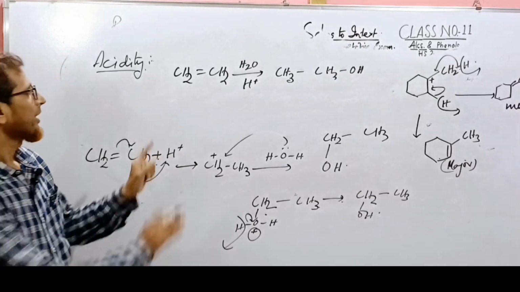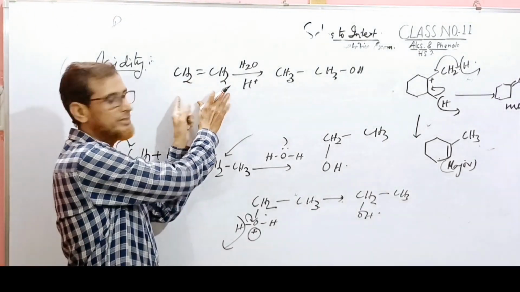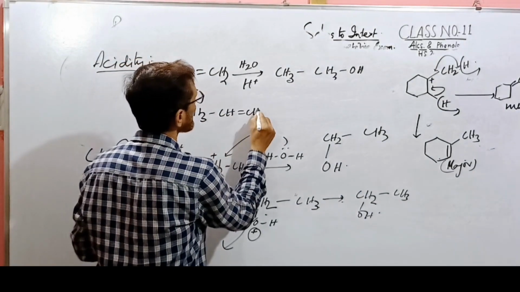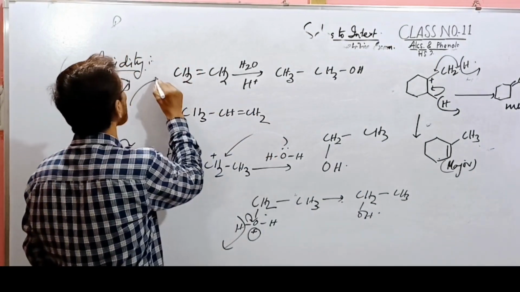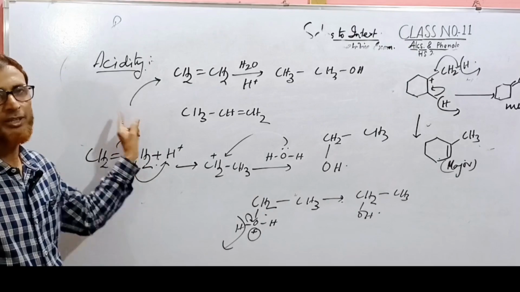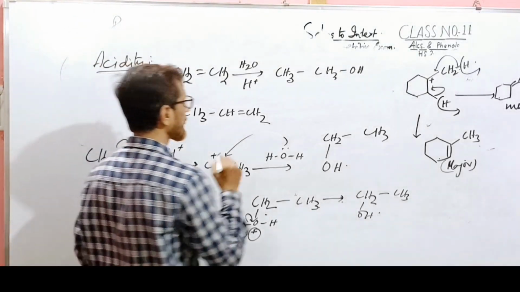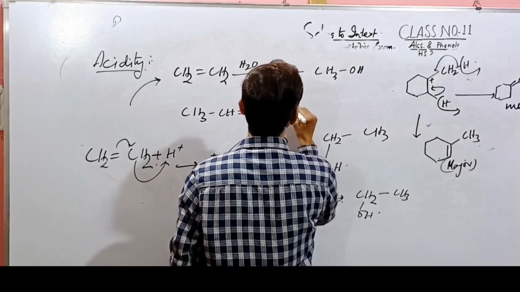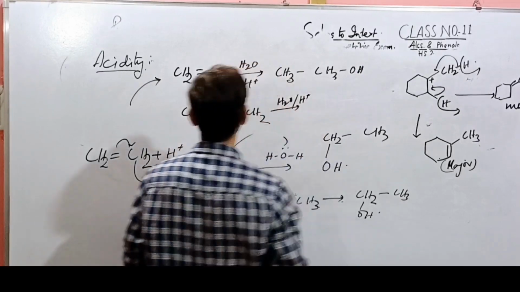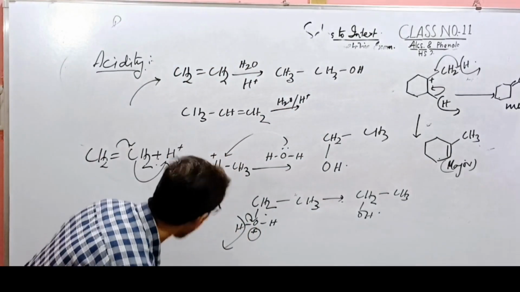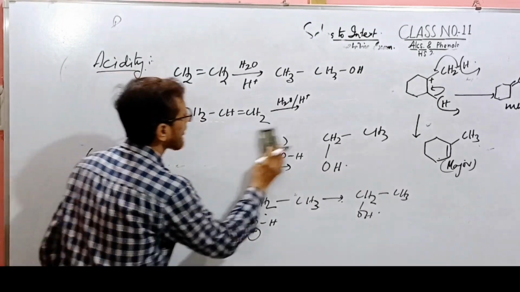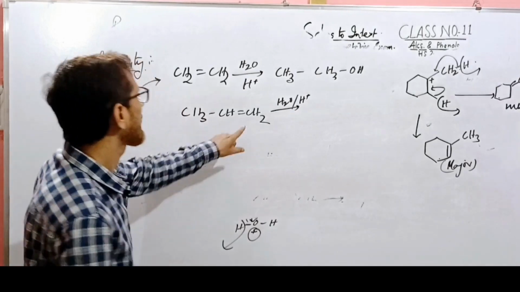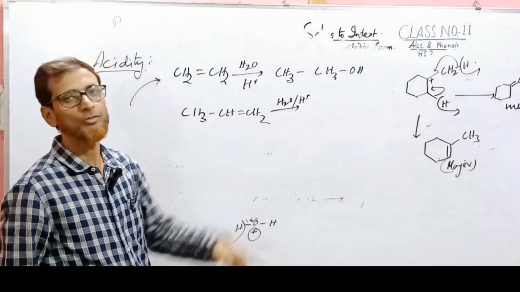Am I right? But if it is not symmetric, unsymmetric, say CH3 CH double bond CH2, I am emphasizing this one because a bit later you will understand why I am doing so. In this condition, in which carbon will hydrogen add and in which carbon will OH add? That will follow exactly the Markovnikov rule.